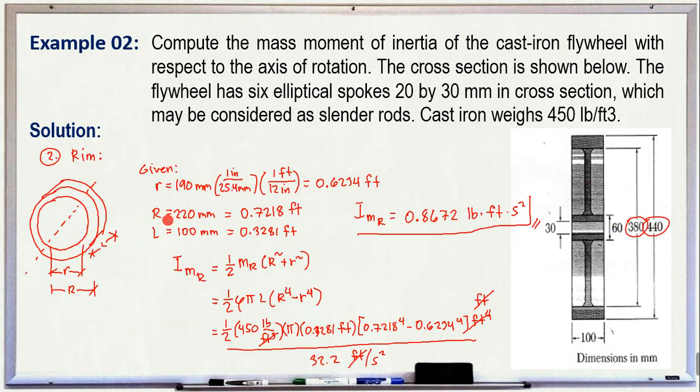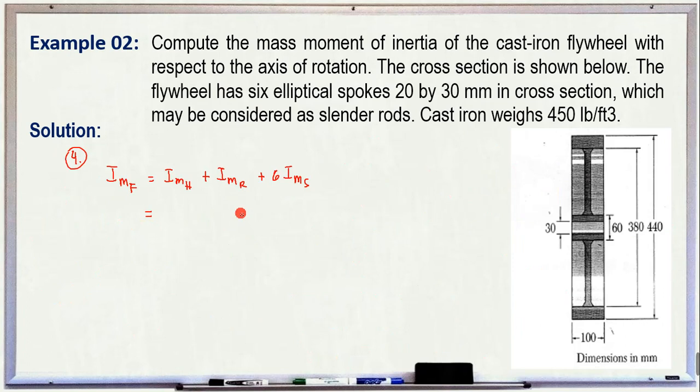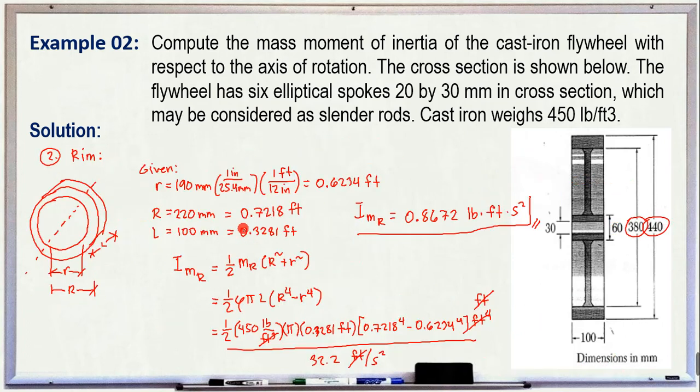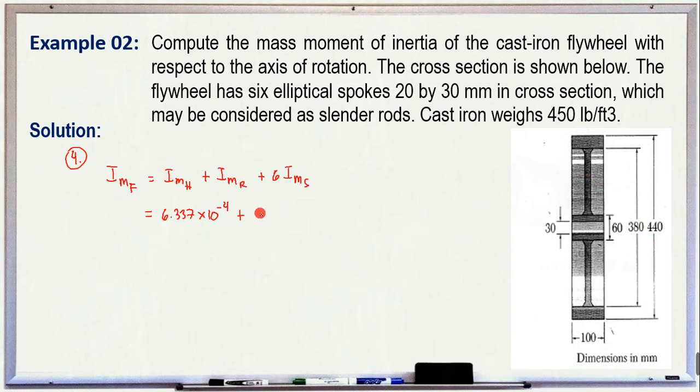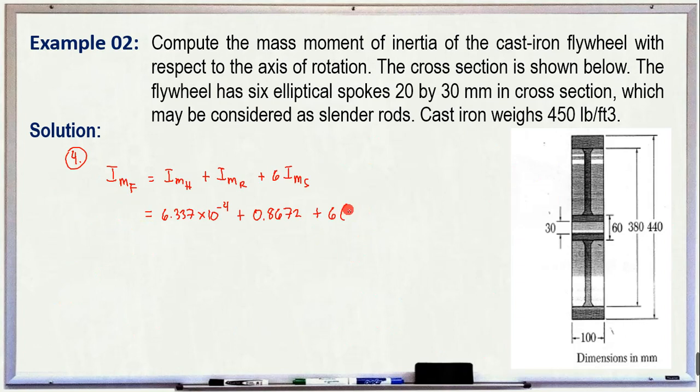For the hub, we have 6.337 times 10 to the power negative 4, plus the rim, 0.8672, plus 6 spokes times 0.023.